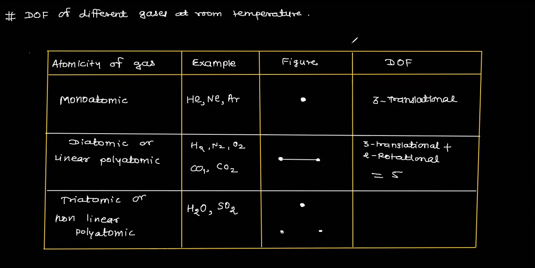It is like this. So here you are having three translational plus three rotational, and total how many degrees of freedom? 6.